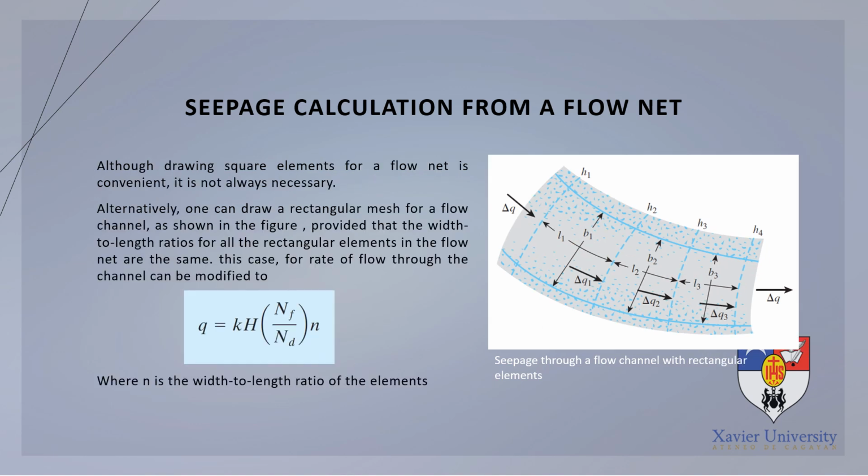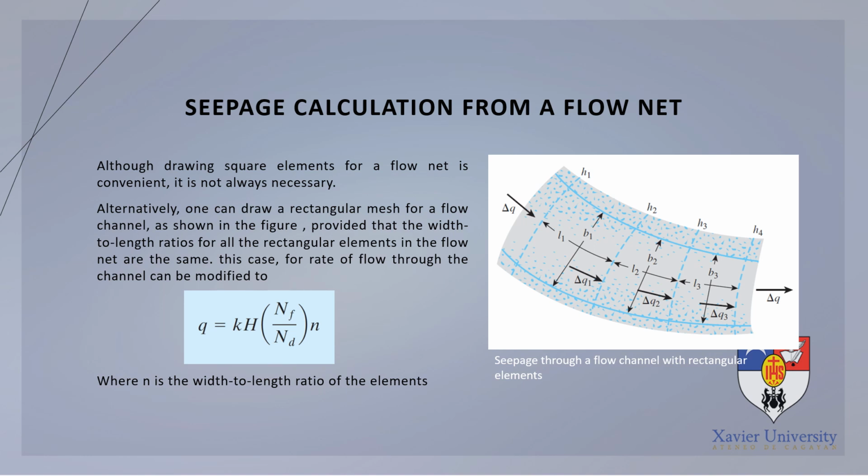So although, no, drawing square elements for a flow net is convenient, it is not always necessary. So nganong gi-assume nato no nga square. Actually gi-assume raman to siya nga square, pero there are also instances nga siguro in some problems i-specify niya dito, no, that our flow channel has a rectangular element.